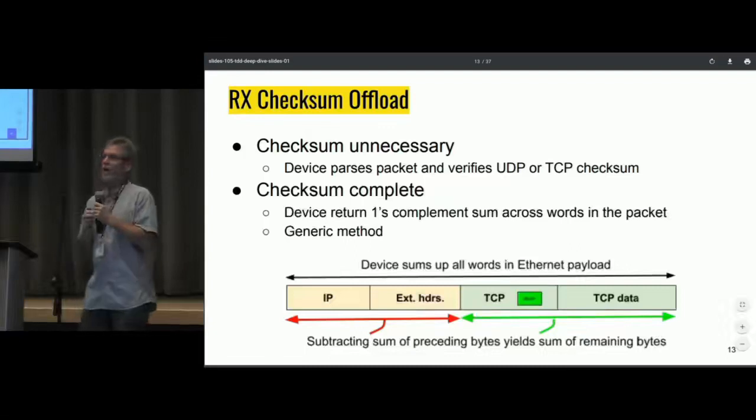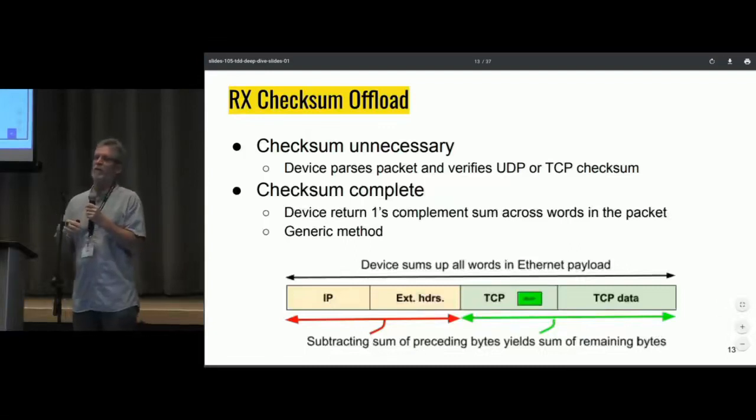For receive, we have an analogous situation. There is a protocol generic and a protocol specific method. The protocol specific method is called checksum unnecessary. As packets are received, the NIC parses the packet, determines if there is a transport protocol that contains a checksum, and performs the work to actually verify the checksum.